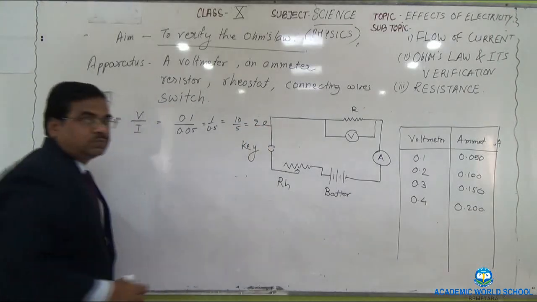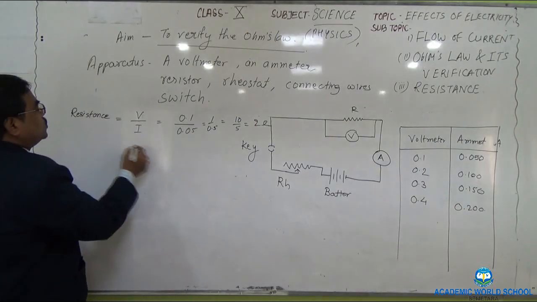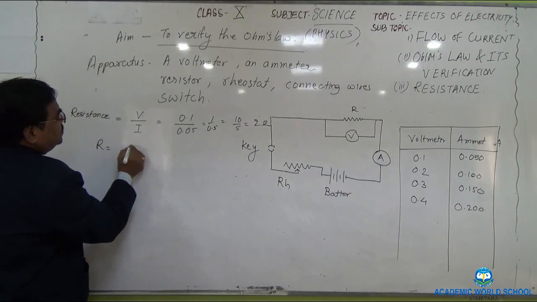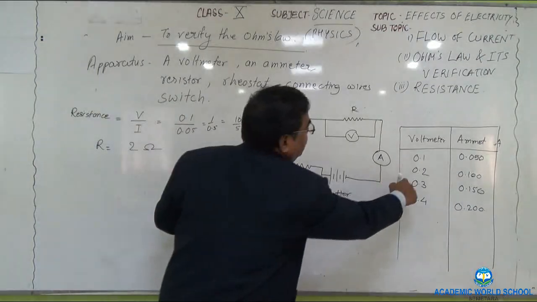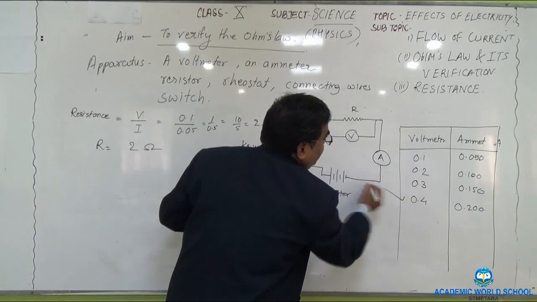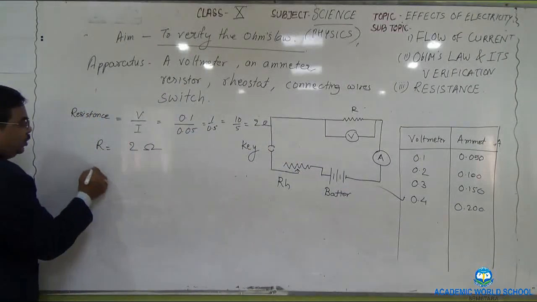Two ohms. So the resistance is 2 ohms. Let's solve it for another set of readings. This time let's take the last reading, 0.4 and 0.2.